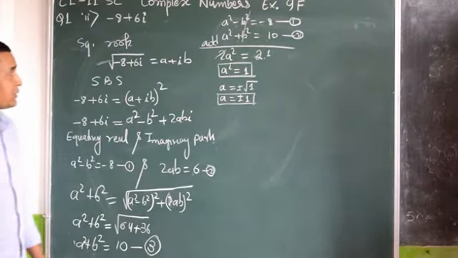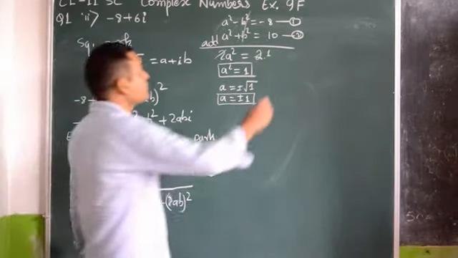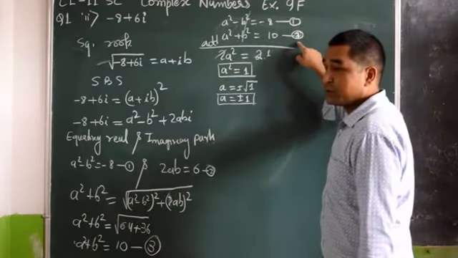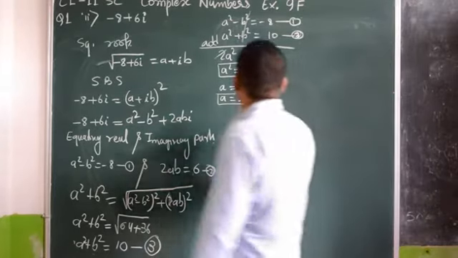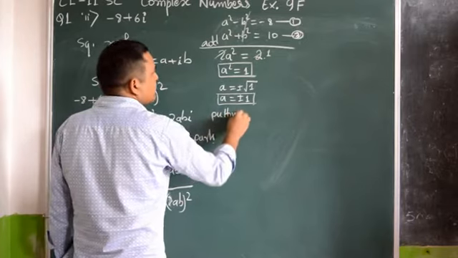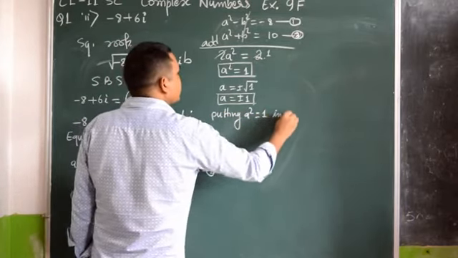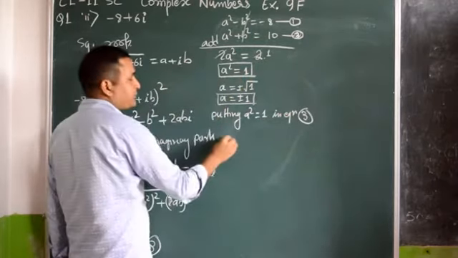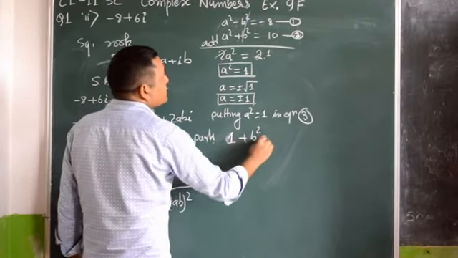Now substitute the value of a square in either equation 1 or 3 to get the value of b. I am going to substitute in equation 3. Putting a square equals 1, that means a square value is 1, plus b square equals 10.